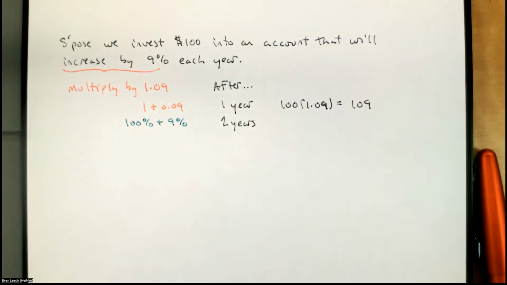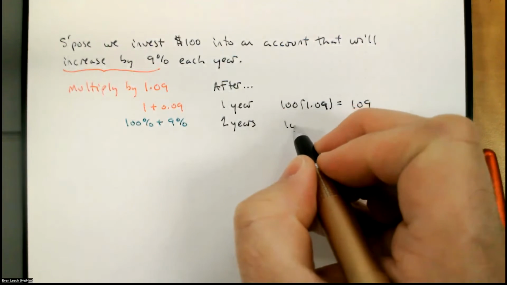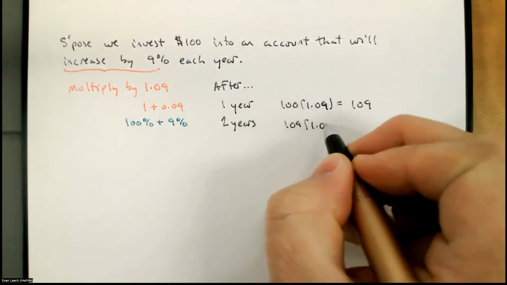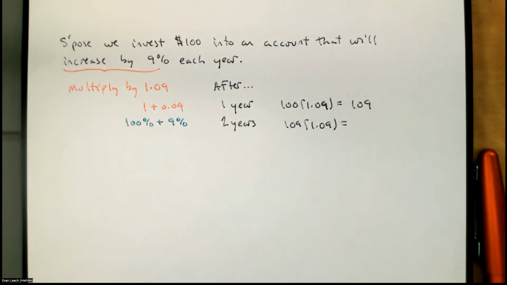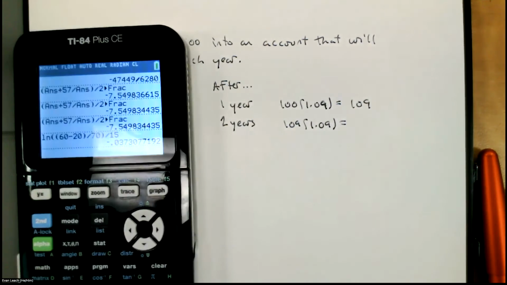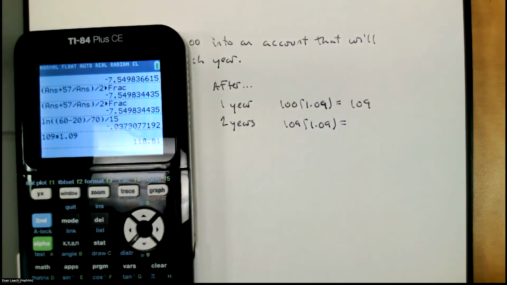After 2 years, we're going to take the 109 and multiply by 1.09. And I won't be able to multiply these without messing it up, so hopefully I brought a calculator machine. $118.81.